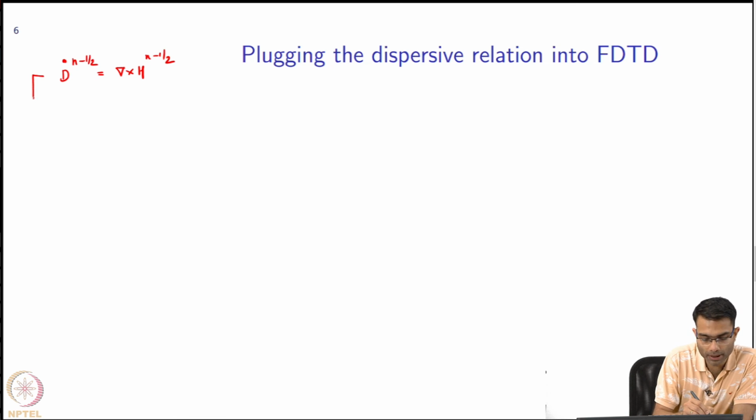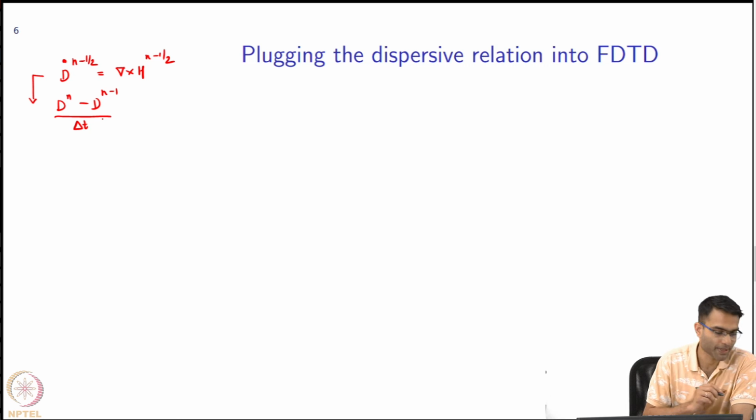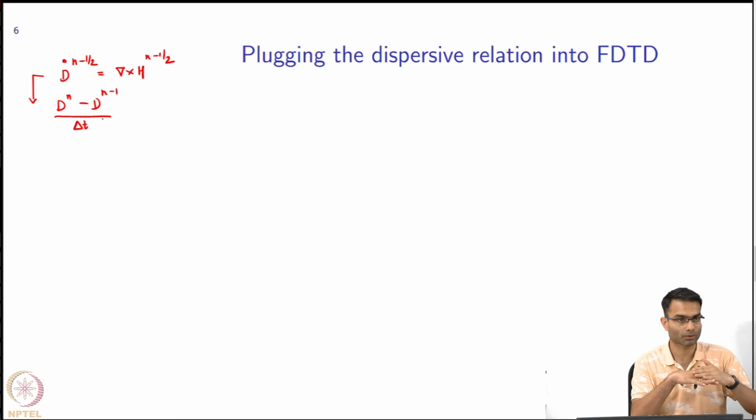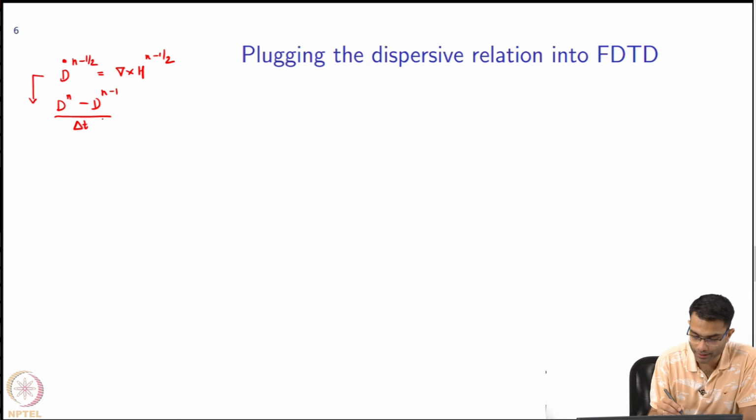So, now this will become dn minus 1 divided by delta t, right. That means, in this expression that I derived previously for dn, not only do I need to take dn, I have to write down dn minus 1, then subtract the two. So, let us expand the dn term which I had. What is dn equal to?